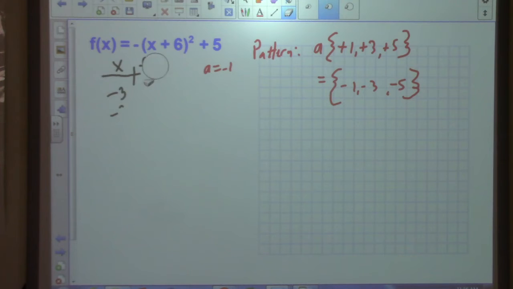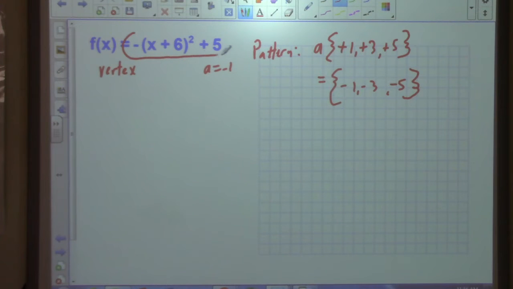And do we have a vertex here? What is our vertex for this function here? By the way, this form right here of a quadratic function is called vertex form. Do you remember, Karina, talking about this last year, the vertex form?